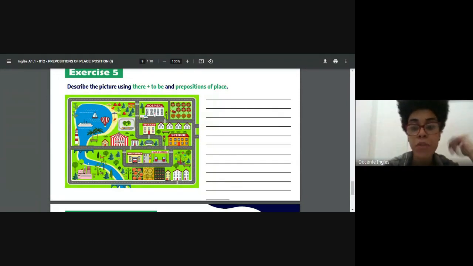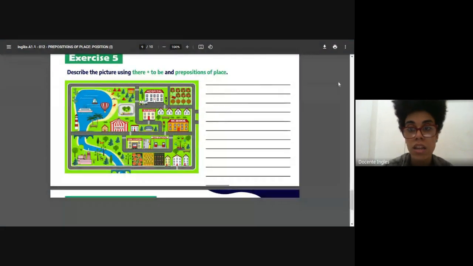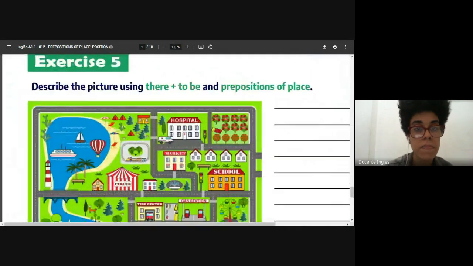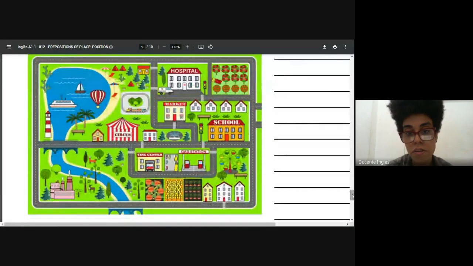We have a few lines. Do as much as you want. Do as much as you can, okay? So let's pay attention. Let's see if I can zoom in. Okay, zooming in the picture. Let's see the picture a little bigger now. Yes, it's better, isn't it?